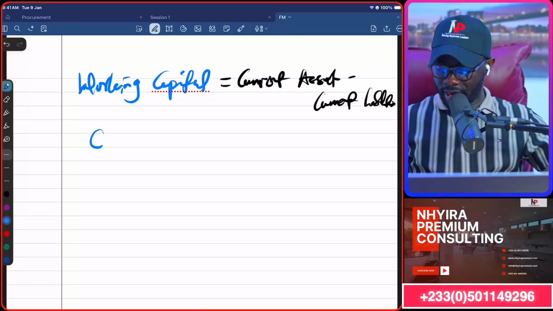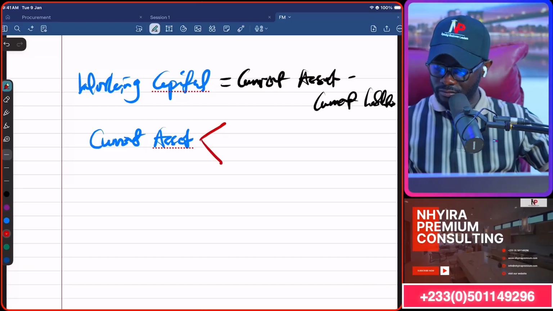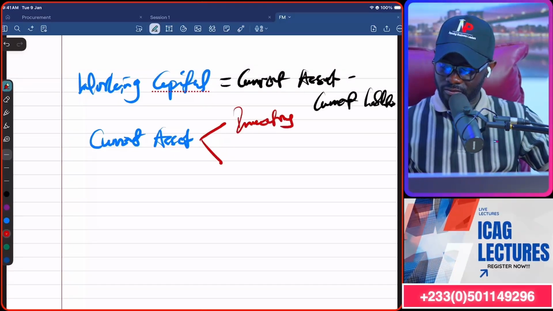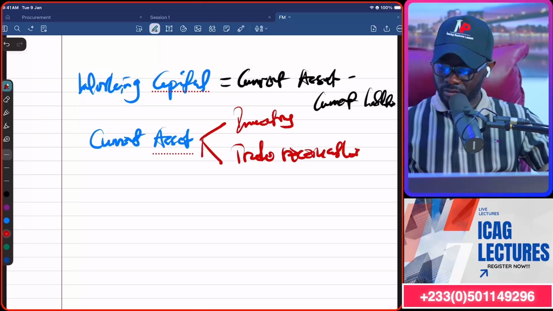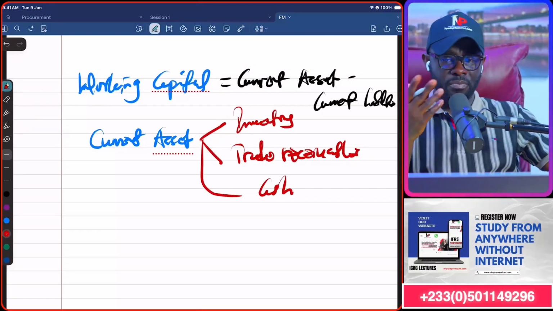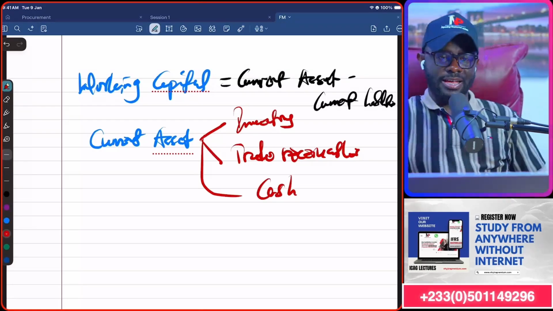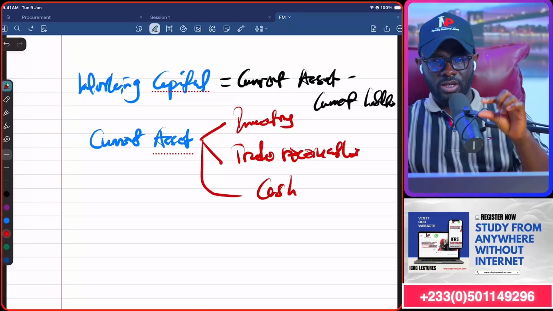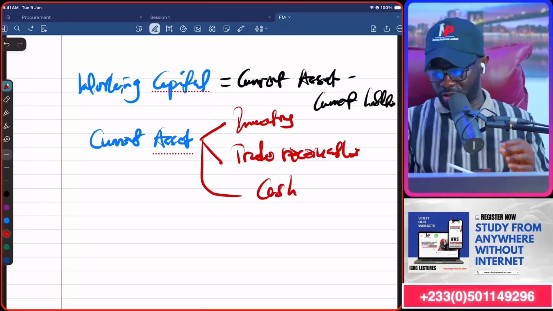And so you know from KG2 that the current assets are made up of a number of things: inventory, trade receivables, cash, and prepaid expenses. But for the purpose of our discussion, we need to know how to deal with inventory management, trade receivable management, and cash management.